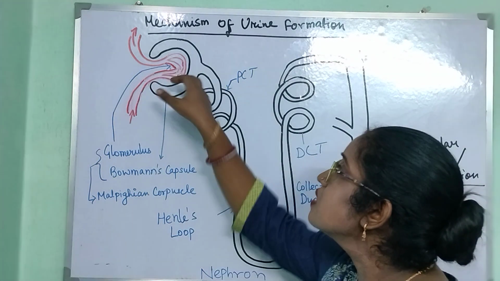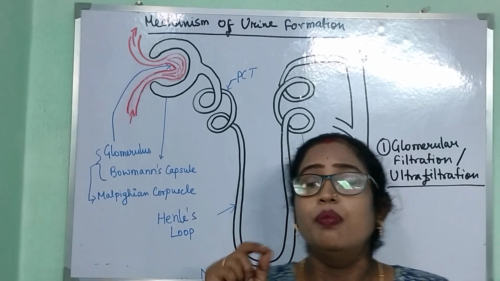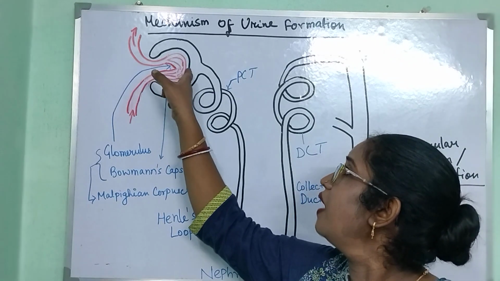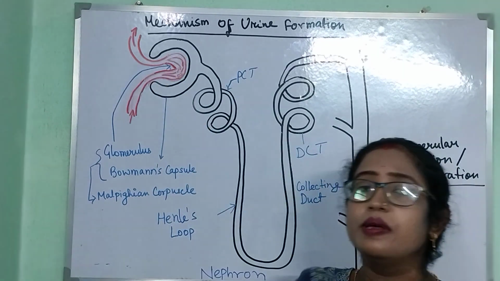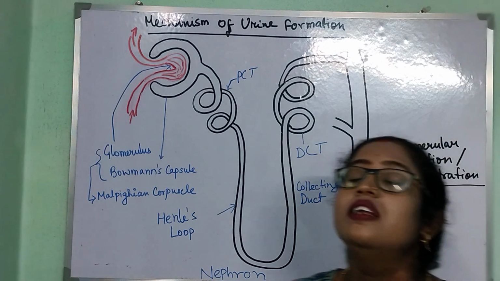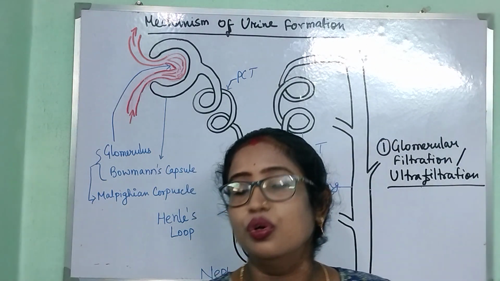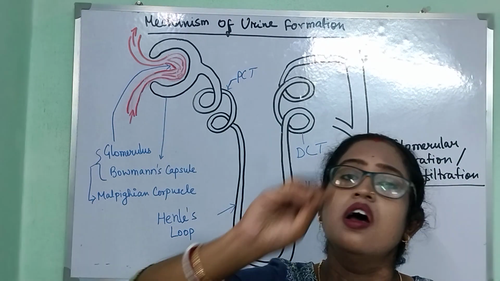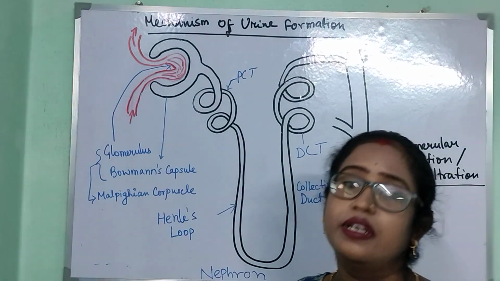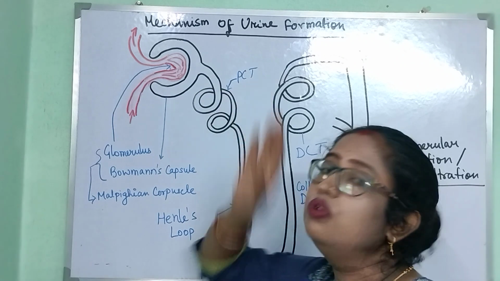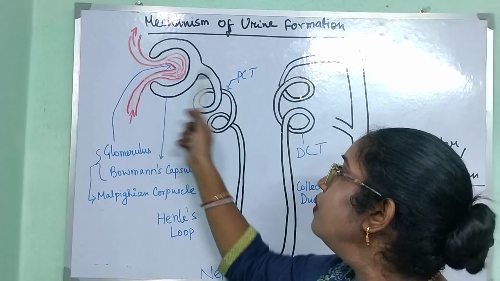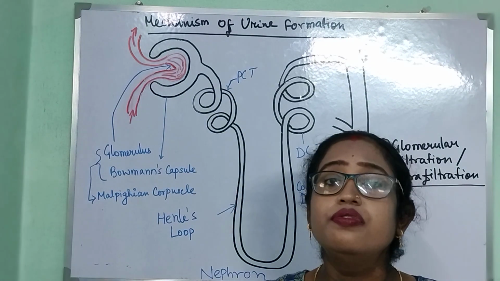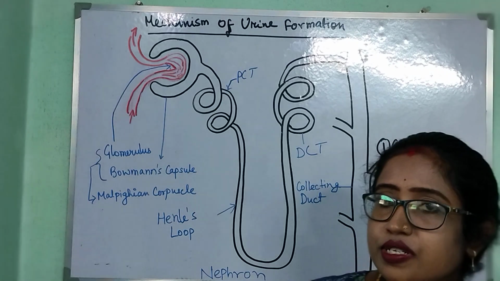The capillaries of the glomerulus and the Bowman's capsule membrane are very thin, and also semi-permeable. That is why the molecules of the waste materials can easily pass out from the glomerulus to the Bowman's capsule via the diffusion process.